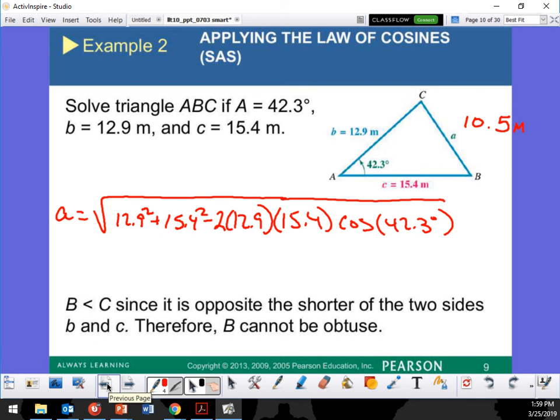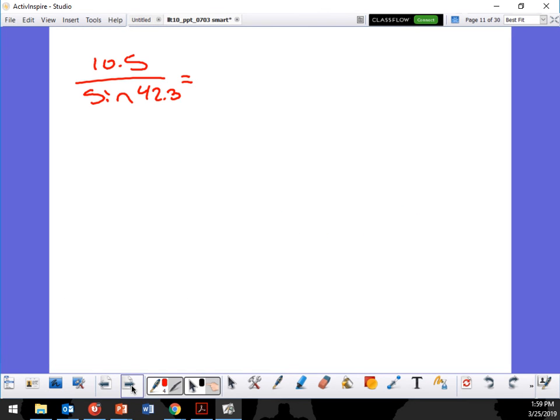Let's solve for big B. 12.9 over sine B. Actually, I forgot the inverse sine.